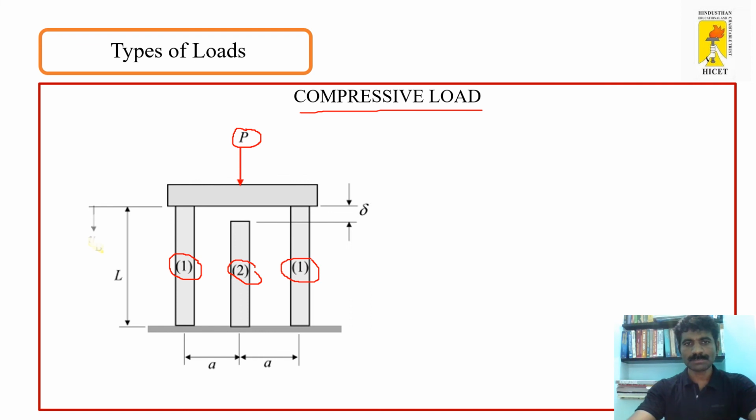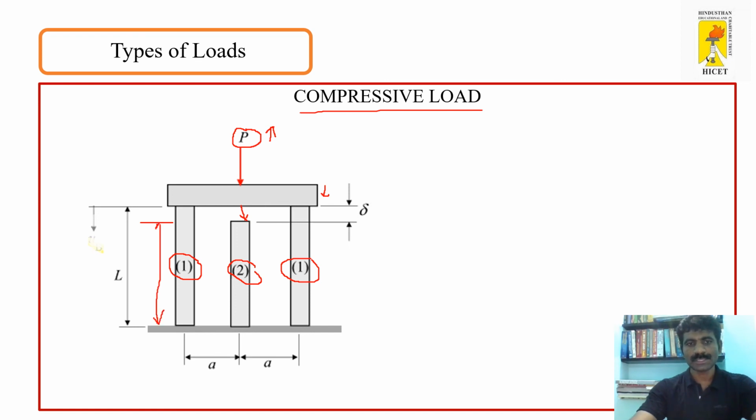As this P increases, as the compressive load is increased, this tends to compress the columns 1 and 1 and it reaches the column 2. By this experiment, it is clearly understood that by compressive load there will be decrease in length L.